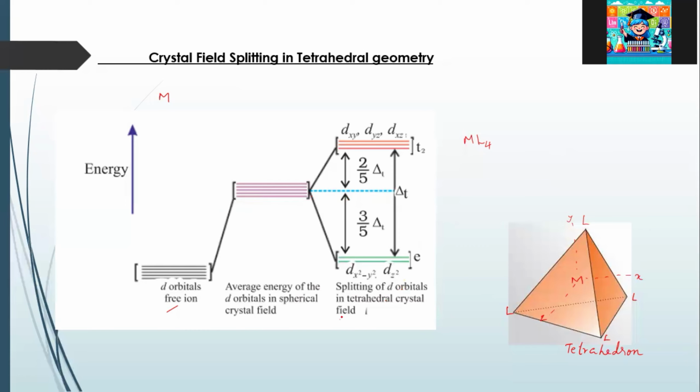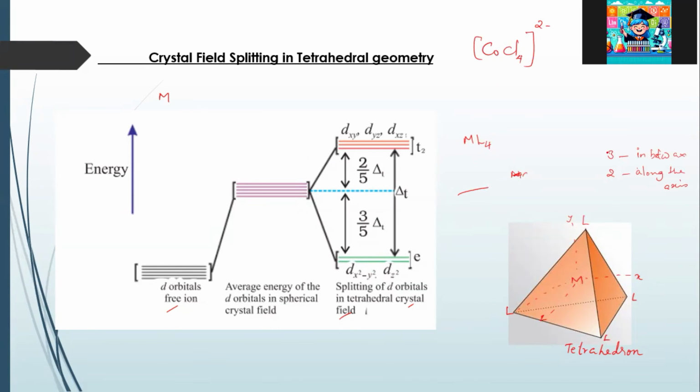But when the crystal field is tetrahedral in nature, for complexes like CoCl4 2-, they have a tetrahedral geometry. So cobalt will be at the center of the tetrahedron, and the 4 Cl ligands are approaching it through the space between the axes.